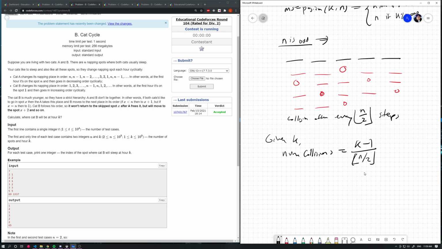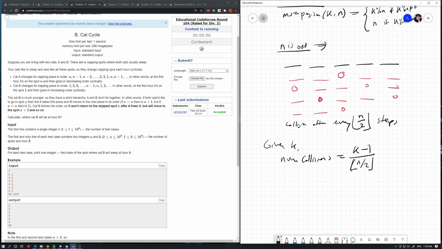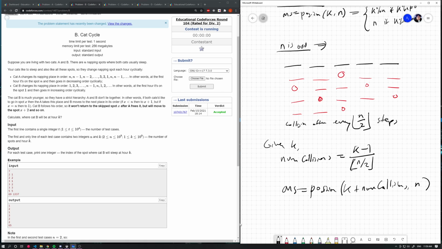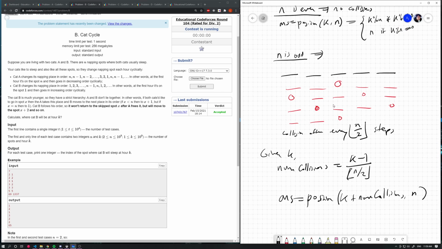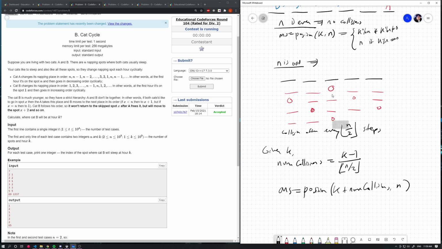You can verify this yourself by looking at the pattern we did. And so now the answer is just the position of k plus the number of collisions, n. Yeah, and so this is basically the way to solve this problem.